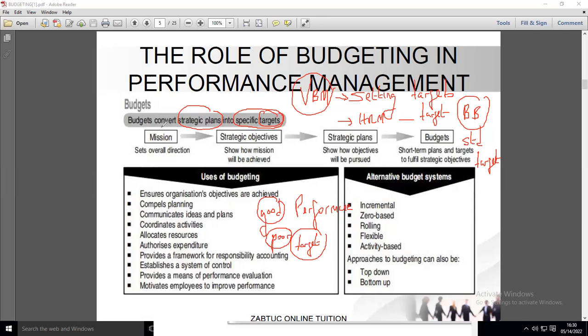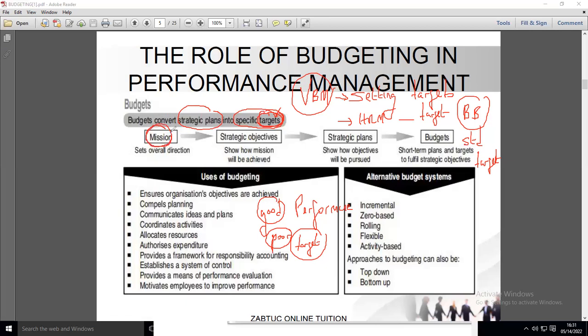Now, if you look at this statement, it's fundamental. Budgets convert strategic plans into specific targets. So that's the role of budgeting in performance. Much more specific targets. In terms of the whole cycle, we have said that the starting point in any objective setting process is, first of all, the mission statement.